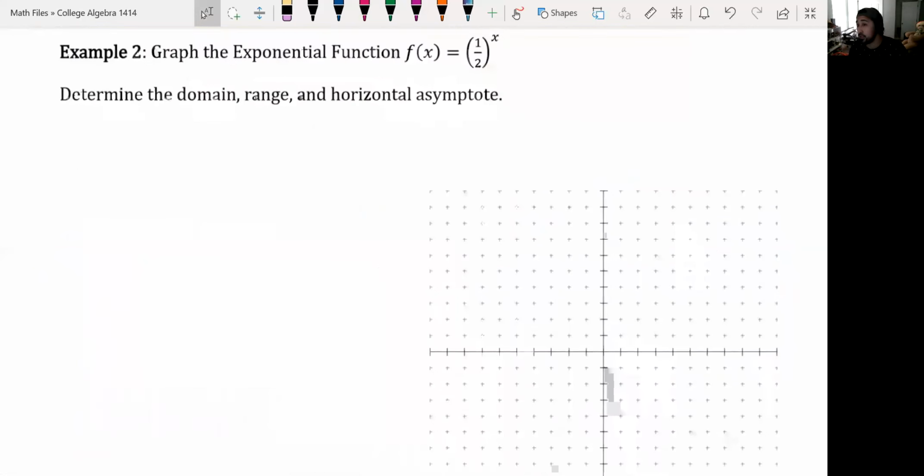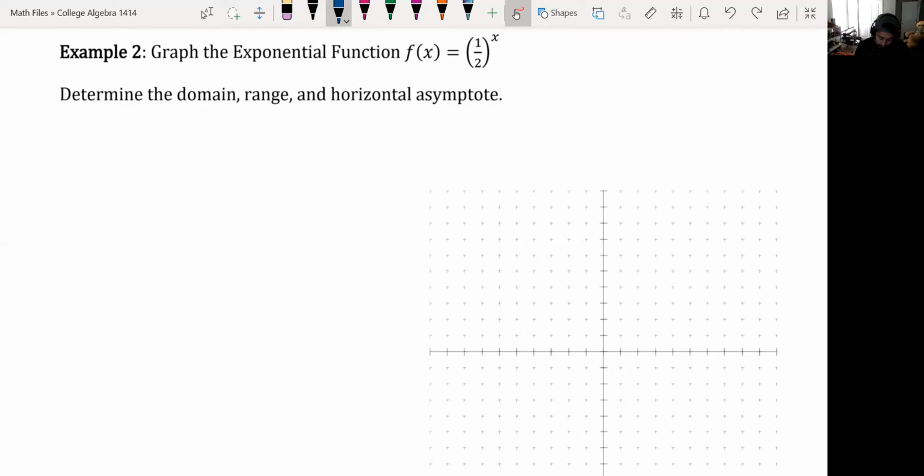Now let's look at an exponential function whose base is between 0 and 1. So this base is 1/2, which means it's between 0 and 1. So let's go ahead and graph this function. Well, fair enough. Easiest way to graph a function is pick points.